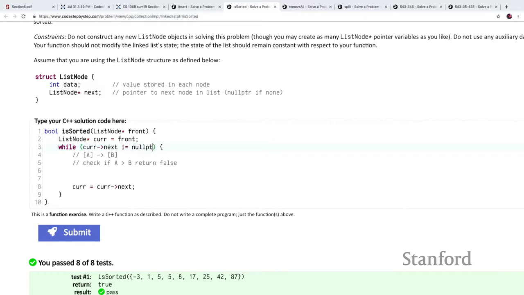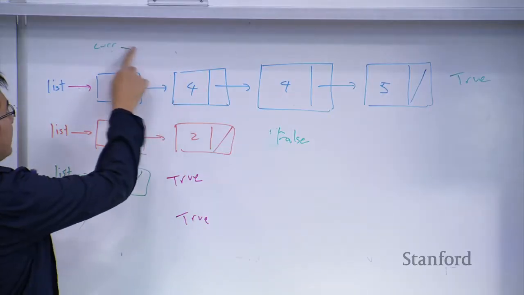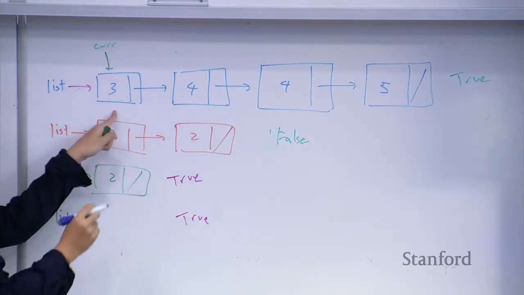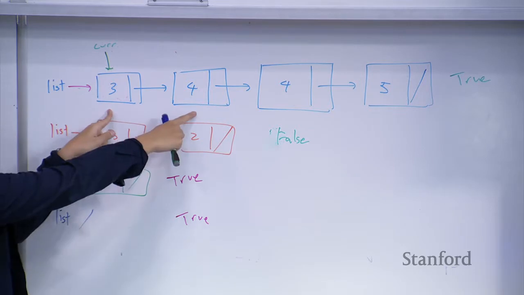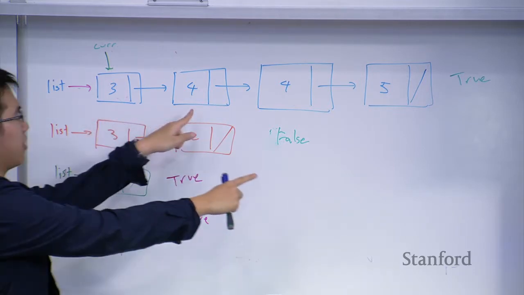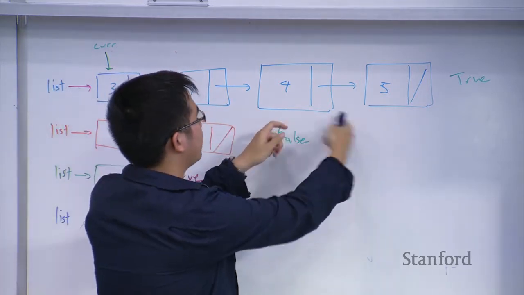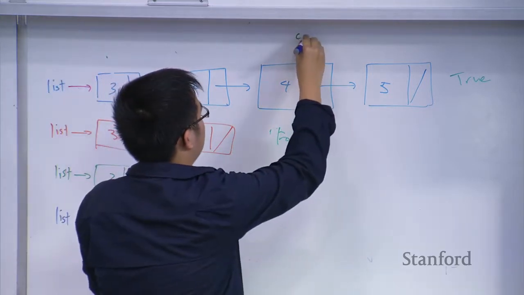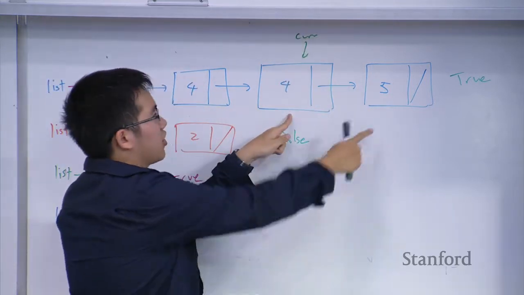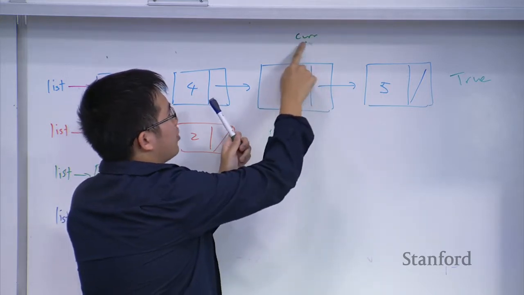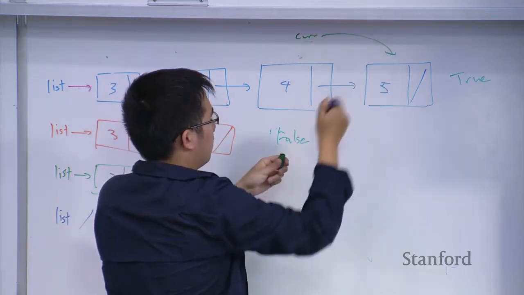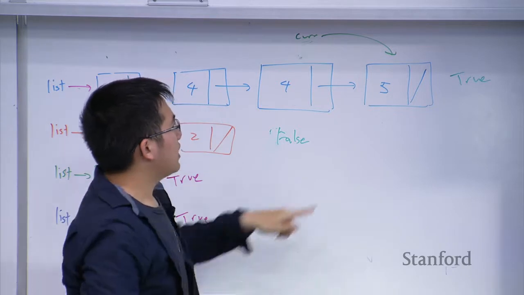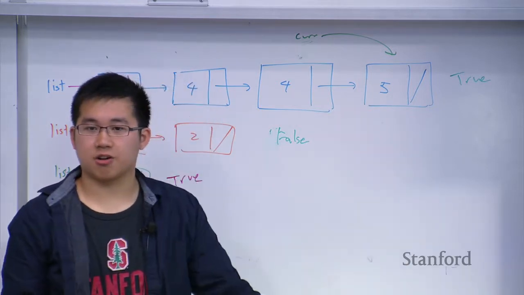And the reason for that is here, we're considering pairs of elements at a time. So if we're thinking about cur right now, so this is cur, then we're comparing cur to cur next. That's a pair. Cur to cur next, cur to cur next. Okay, so when cur is finally here, cur and cur next, and then when we try to increment that one more time, at this point we should not try to compare cur and cur next.